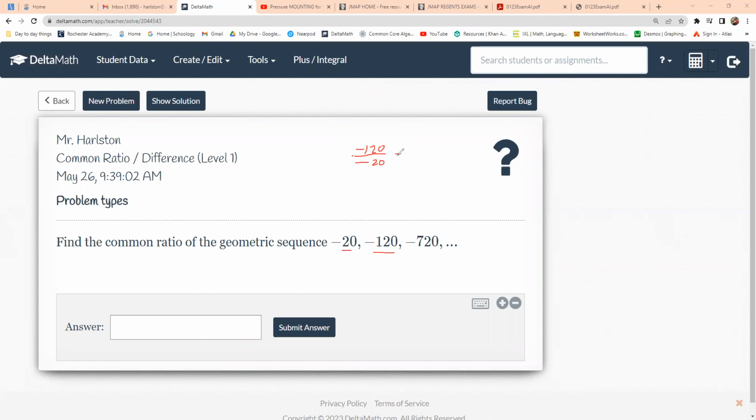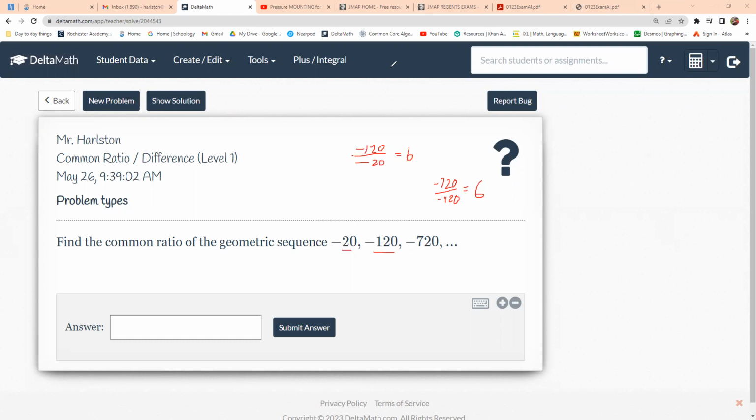So that's going to be 120 over 20, which is going to be 6. So the common ratio for this would be 6. And you can double check it, -720 divided by -120. Again, that will give you a +6. So the common ratio is 6.